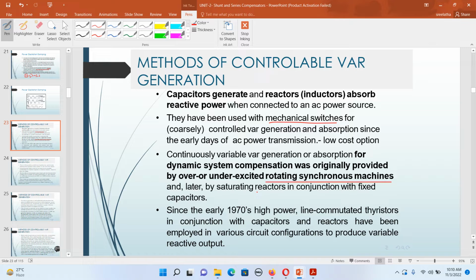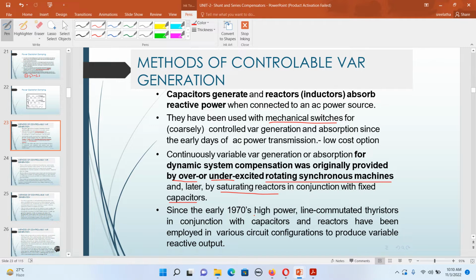When you under excite, it acts like an inductor. When you over excite, it acts like a capacitor. These are the two things a synchronous machine does. It can also be combined with saturating reactors in conjunction with fixed capacitors.